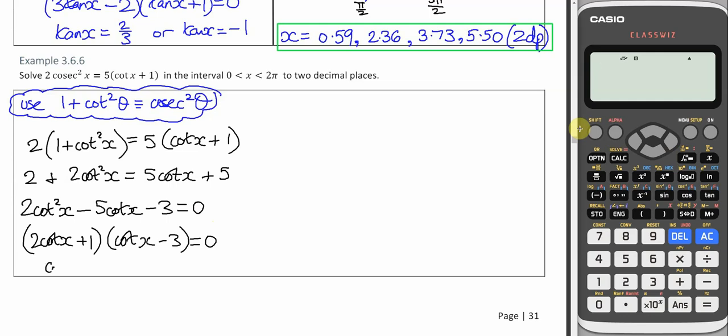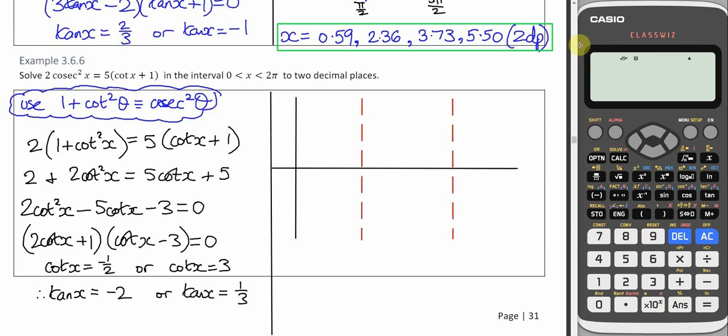So we've got either cot x is -1/2 or cot x is 3. Let's convert these into tan. If cot x is -1/2, that means tan x is -2. If cot x is 3, that means tan x is a third.